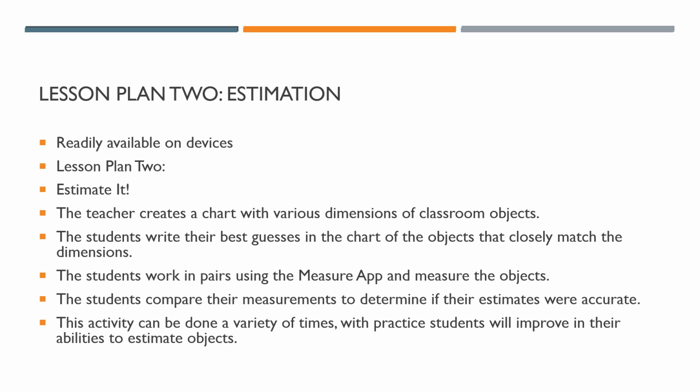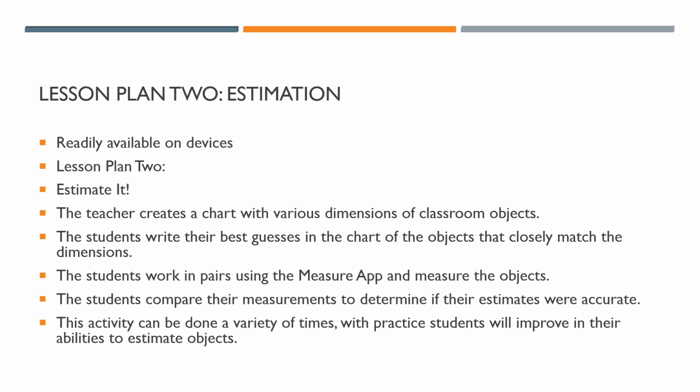Another lesson plan activity that you can complete when working with the Measure app is one with estimation. So students will find the Measure app on their devices, and this time they're going to estimate. The teacher would create a chart with various dimensions of classroom objects, and the students would look around the classroom and write down their best guesses as to which of the objects closely match the dimensions listed on the chart.